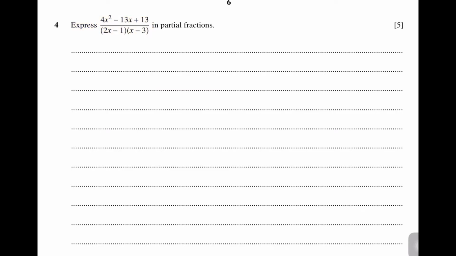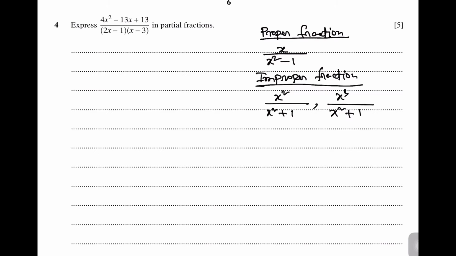We need to know what a proper fraction is and what an improper fraction is. In the upper one, the highest power of x is 1 and the highest power of x is 2 in the denominator. So the numerator is smaller, so it is a proper fraction.